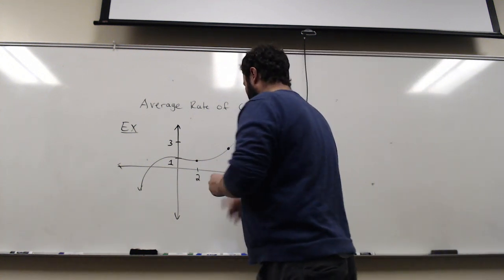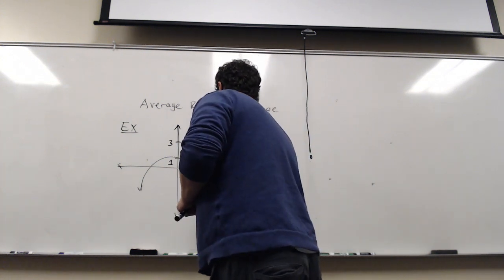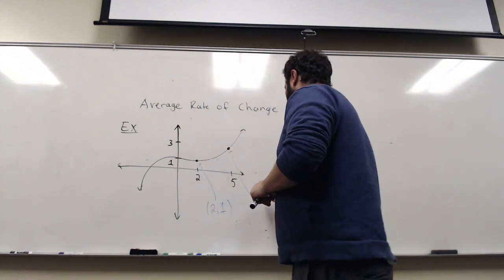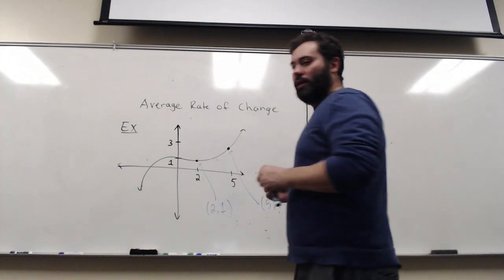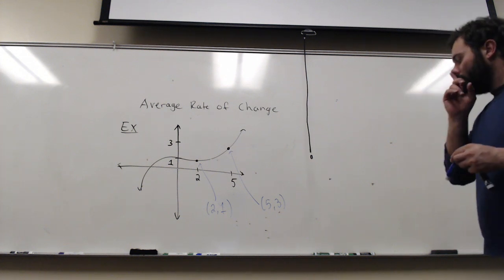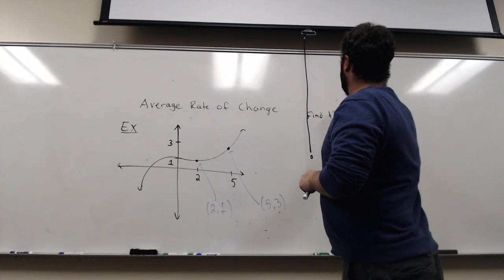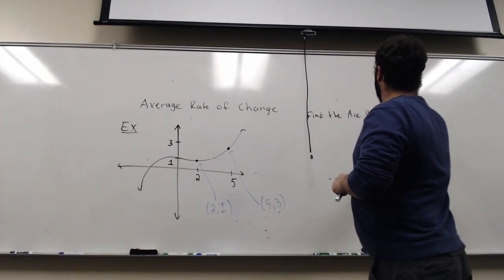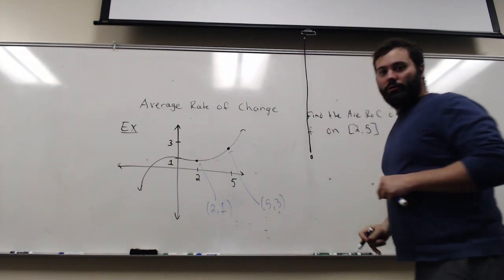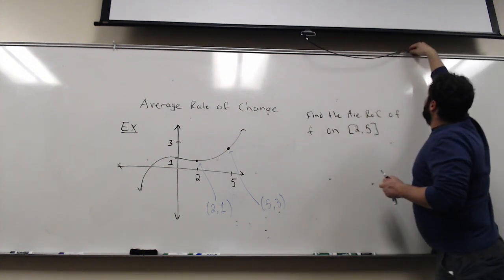Now, I'll at least write the coordinates of these 2 points up here. The first point has coordinates (2, 1), and the second point on the graph has coordinates (5, 3). Hopefully everybody can read those coordinates down there. And if I say find the average rate of change of f on the interval from 2 to 5, let's get rid of this quarter right here.